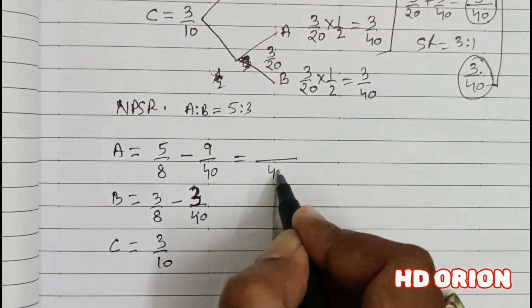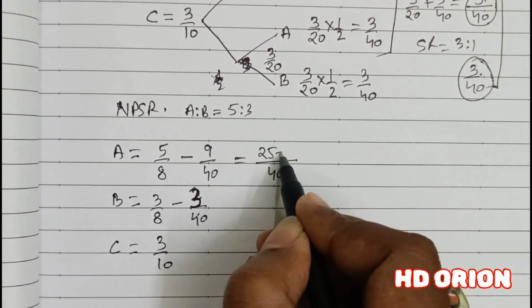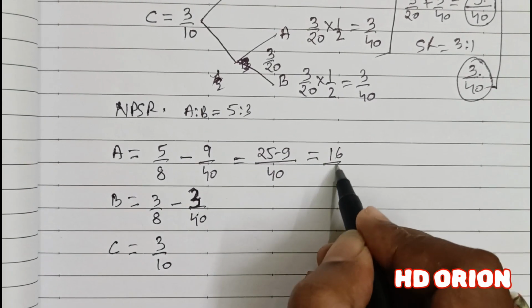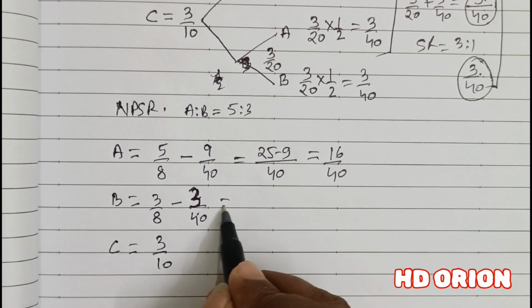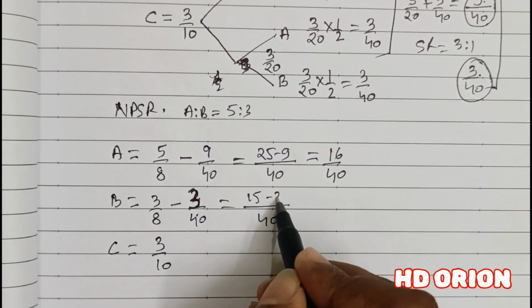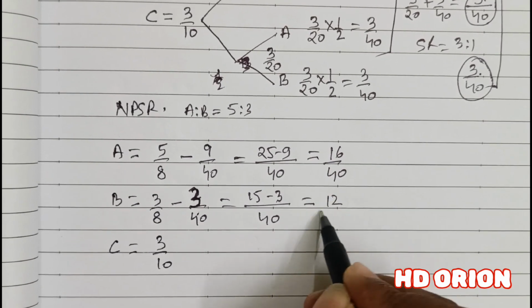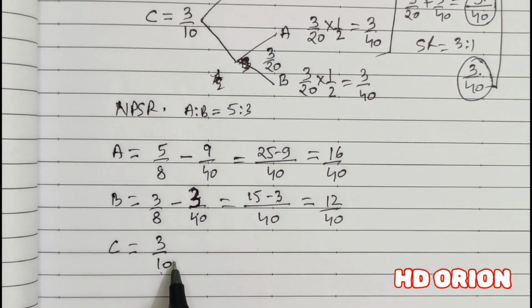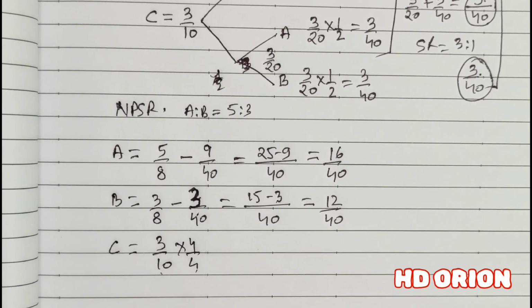LCM will be 40. 25 minus 9, that is equal to how much? 16/40. Here also you will get LCM as 40. 15 minus 3, it is equal to 12/40. And here it is 3/10. You have to convert this 10 into 40 by multiplying and dividing it by 4.